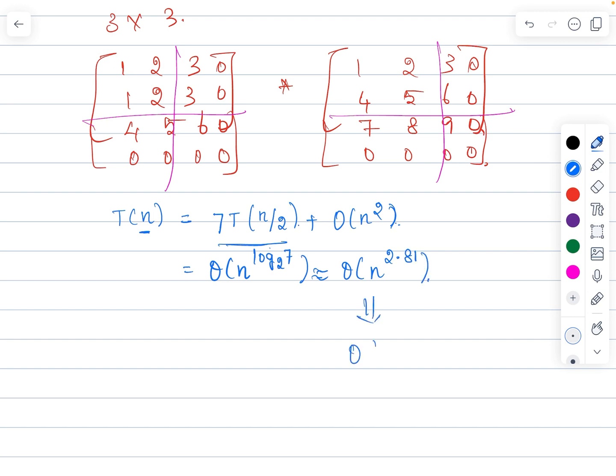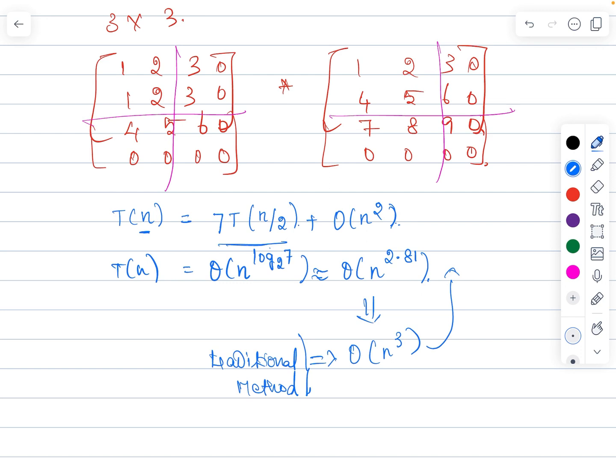Whereas, if you take the traditional method, it is big O of n cube. So, comparatively, Strassen's matrix multiplication takes lesser time complexity than the traditional method. This algorithm reduces the complexity of matrix multiplication from big O of n cube to approximately big O of n power 2.81.